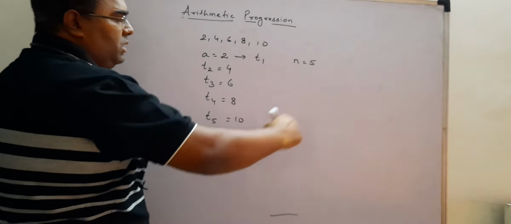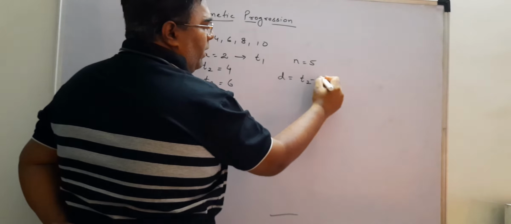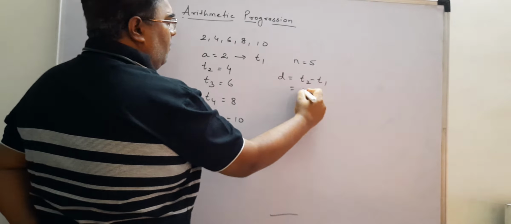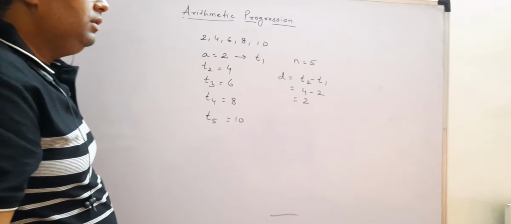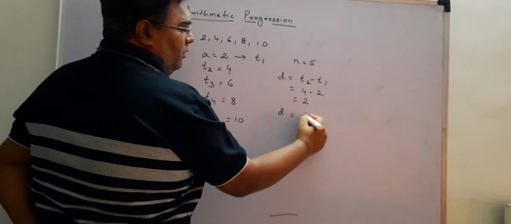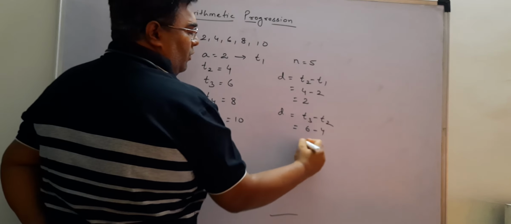Now D. What is D? D we can always find out as T2 minus T1, which is 4 minus 2. Correct? Any two consecutive numbers. D can be T3 minus T2, 6 minus 4.